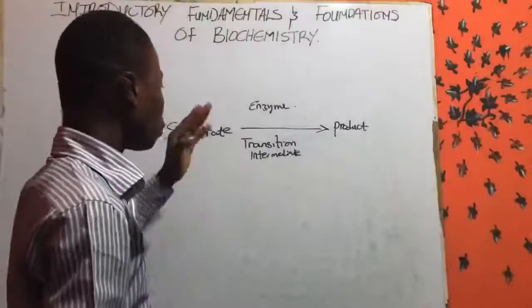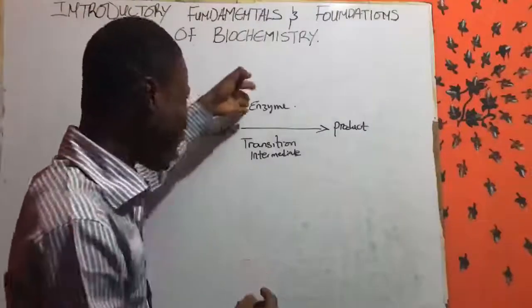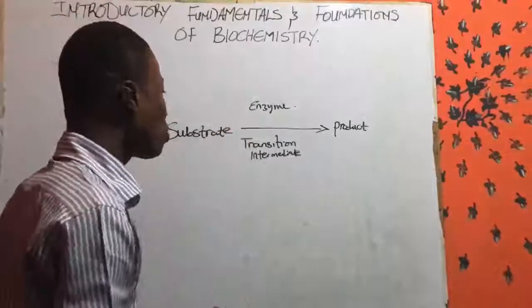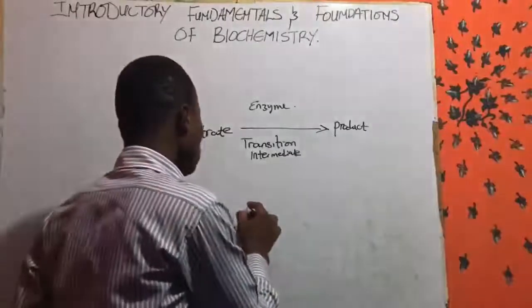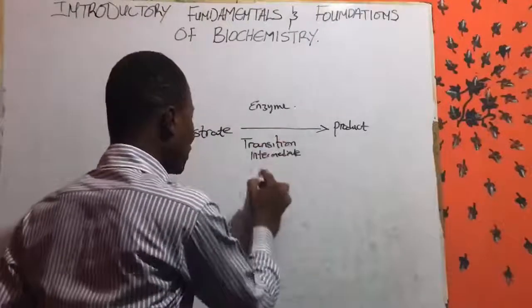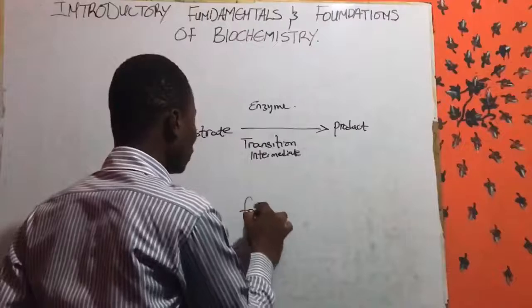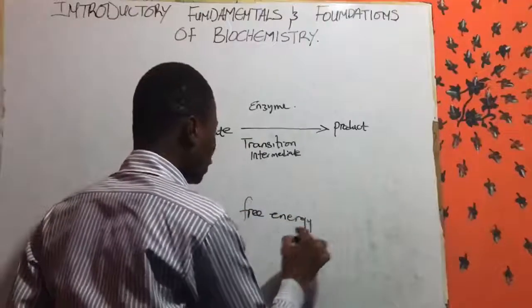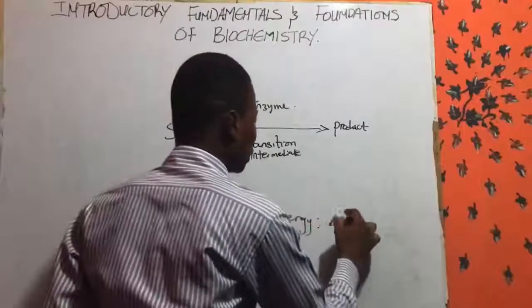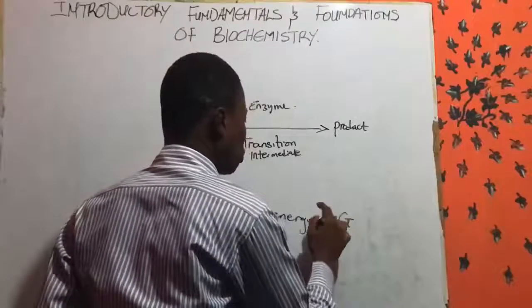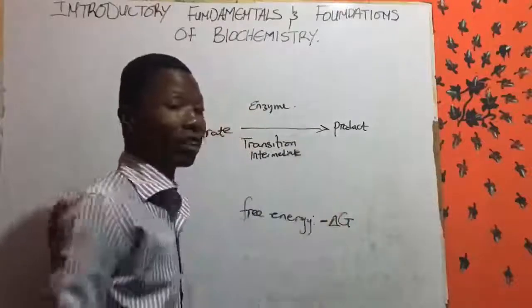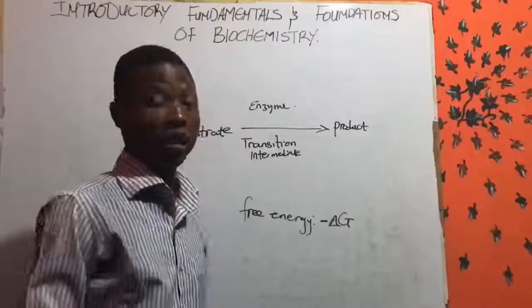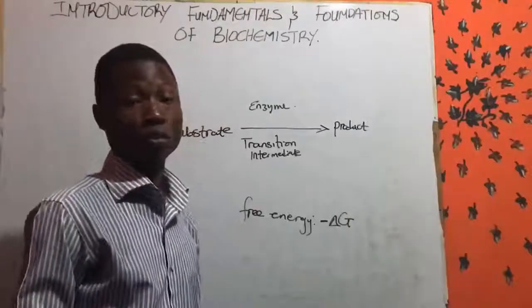So I said, as the enzyme binds the transition intermediate, it's going to create free energy. During this state, free energy is created. That is free energy delta G, which of course is going to be negative, because I said earlier on that for a reaction to be spontaneous, delta G must be negative, and I think I've defined delta G, which is the Gibbs free energy change.